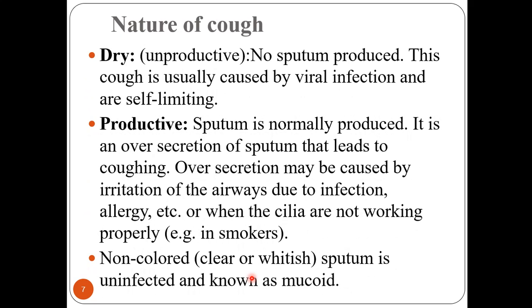This over-secretion may be caused by irritation of the airways due to infection, allergy, and so on, or when the cilia are not working properly. This truly happens in smokers, where the cilia are not working properly due to the irritation caused by smoking.